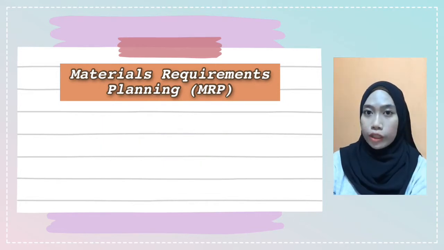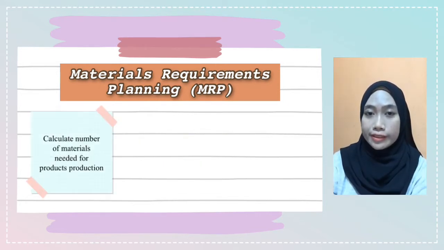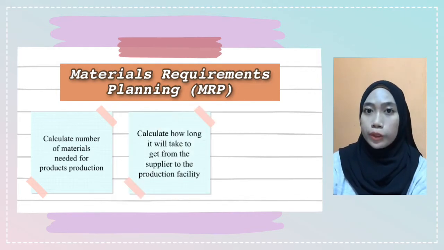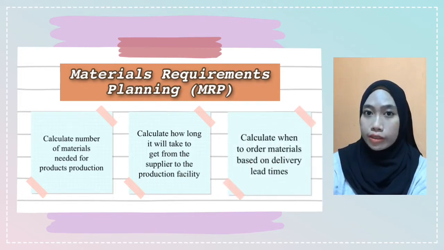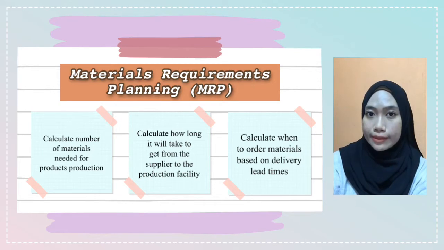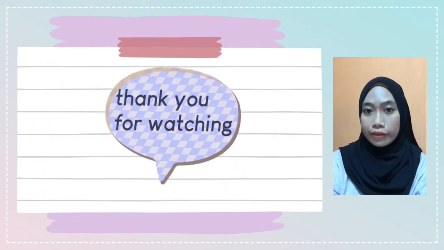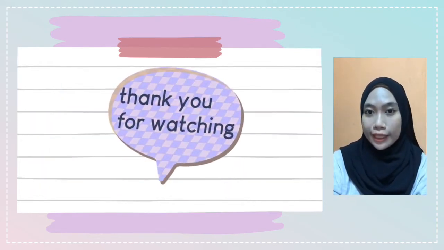MRP includes calculating the number of materials needed for product production. Next is calculating how long it will take to get from the supplier to the production facility, and calculating when to order materials based on delivery lead times. Okay, now my friend will explain more about JIT.